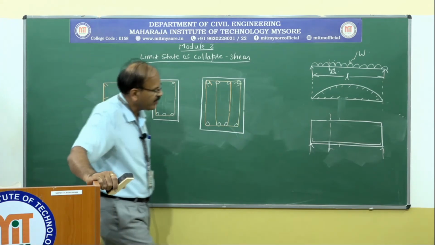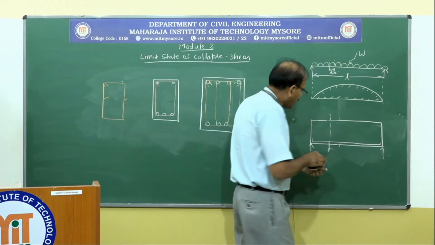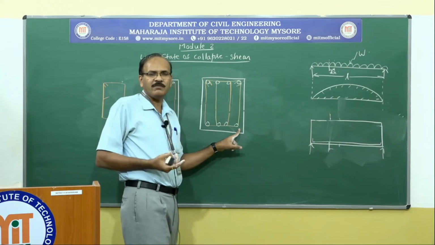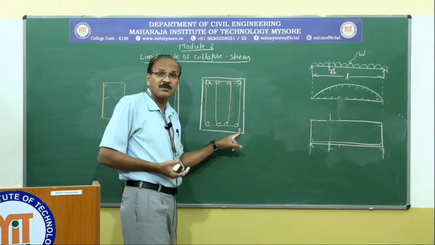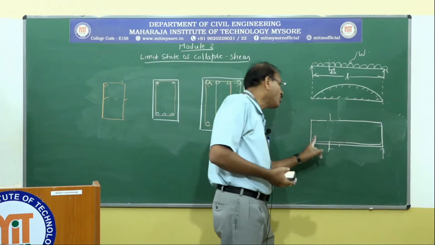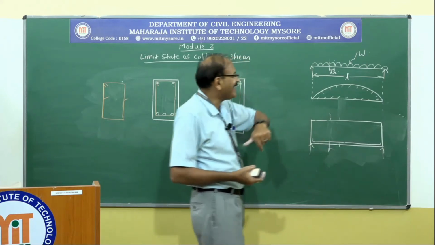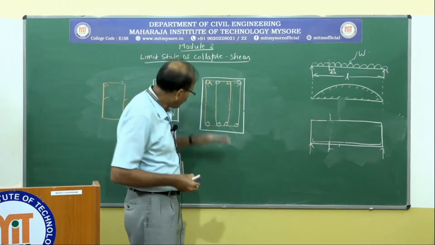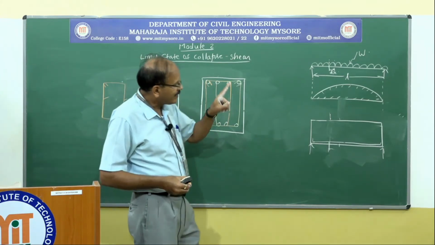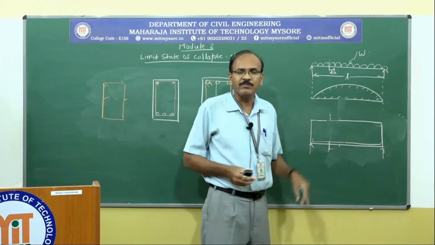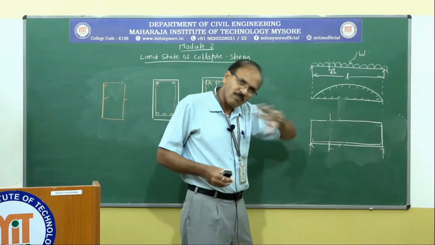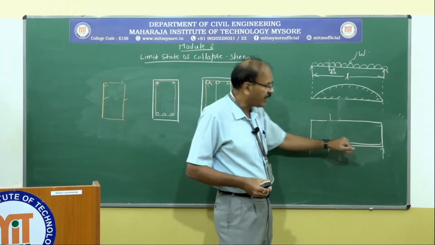What is the other way you can take care of shear? If you are providing more than 2 reinforcements at the bottom, as we move towards the support, the bending moment decreases. When we design for bending moment, we design at the section of maximum bending moment, where we need the maximum area of steel.